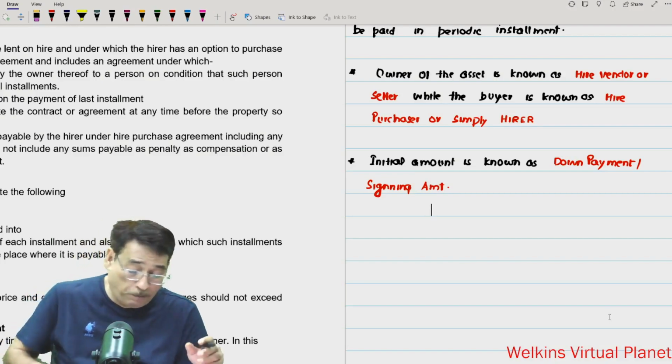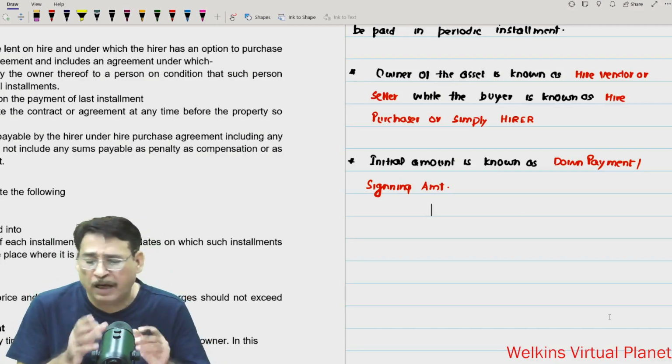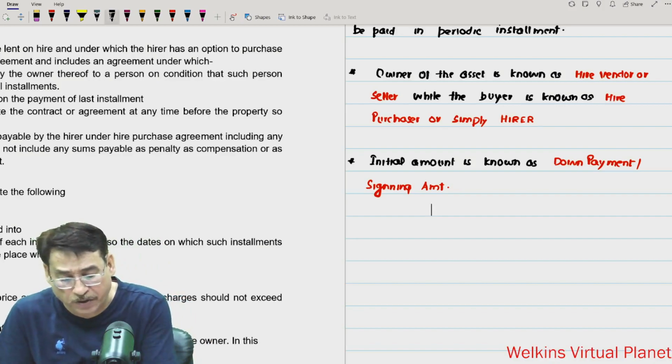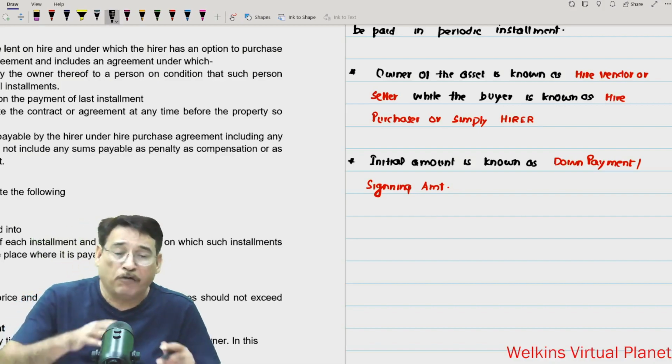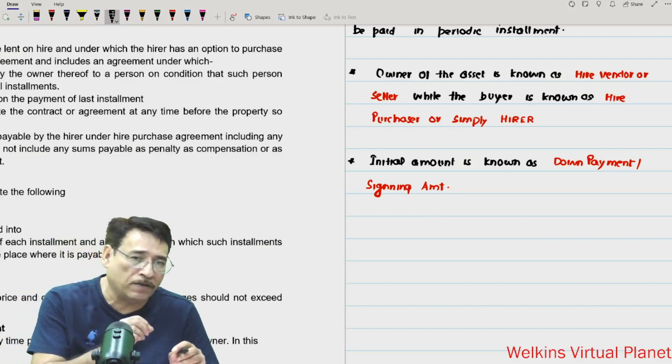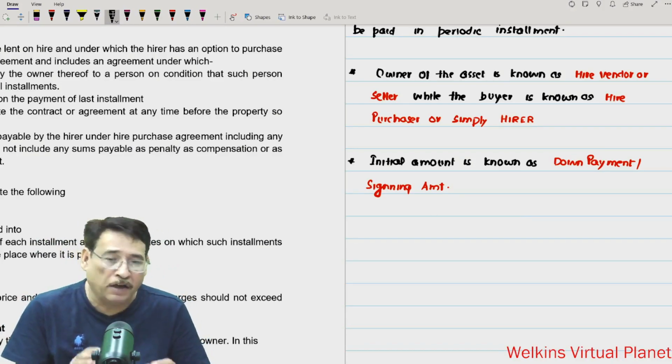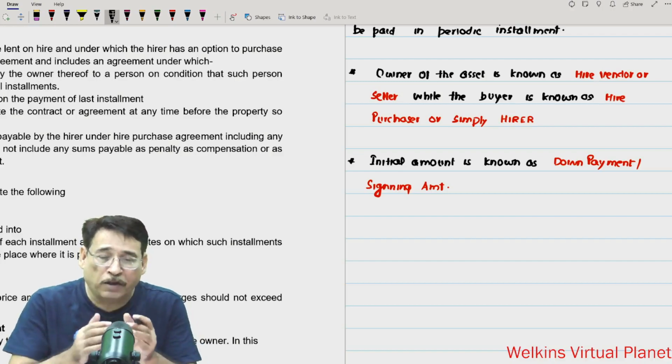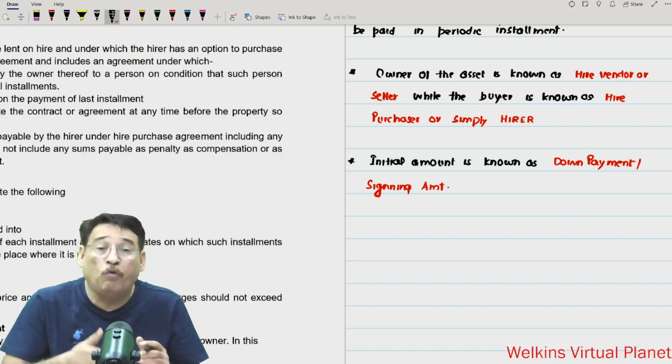Now, the second point is that the Hire Purchase Act 1972 states very clearly that whenever the seller sells goods on hire purchase system to the purchaser, something should be clearly mentioned. Now, what are those things?